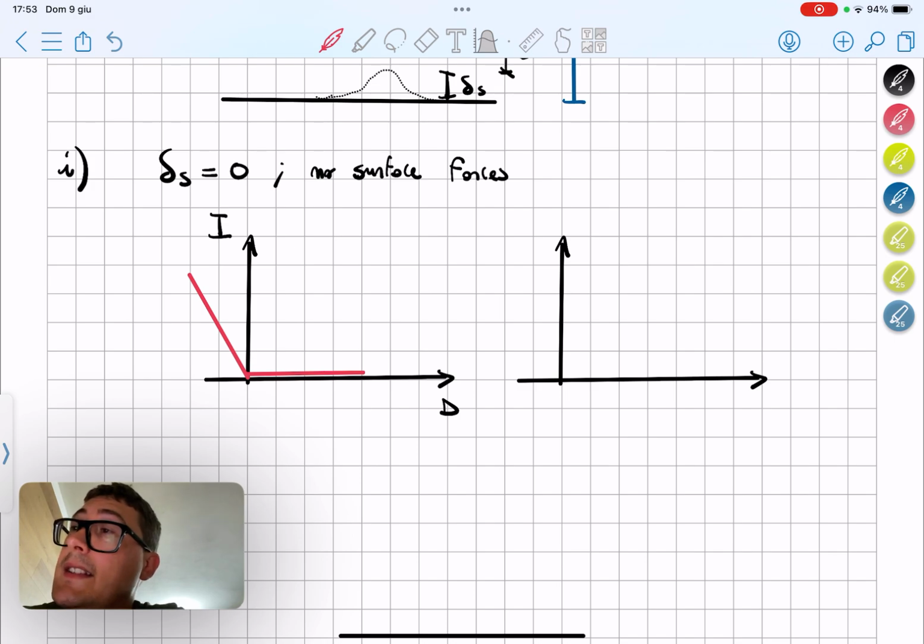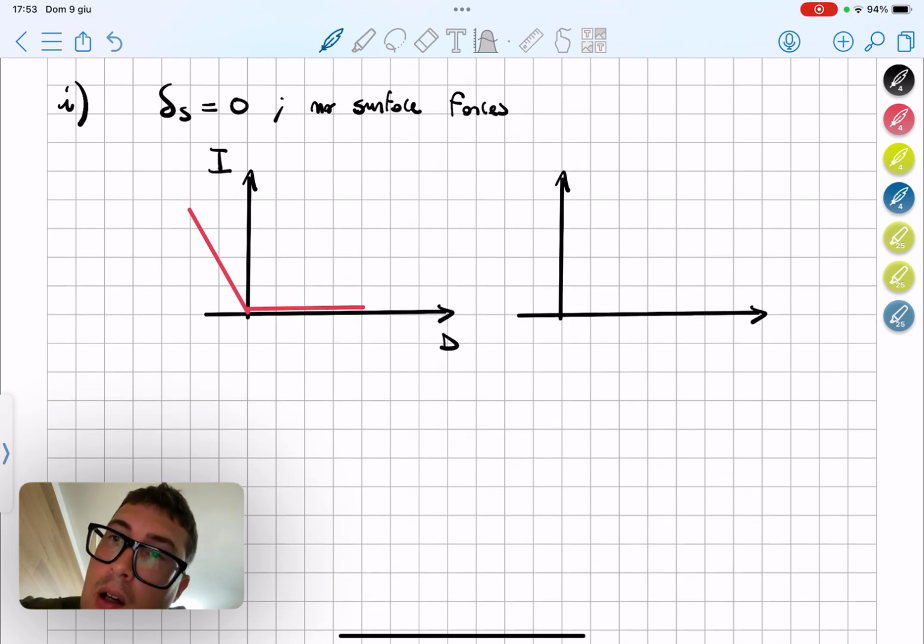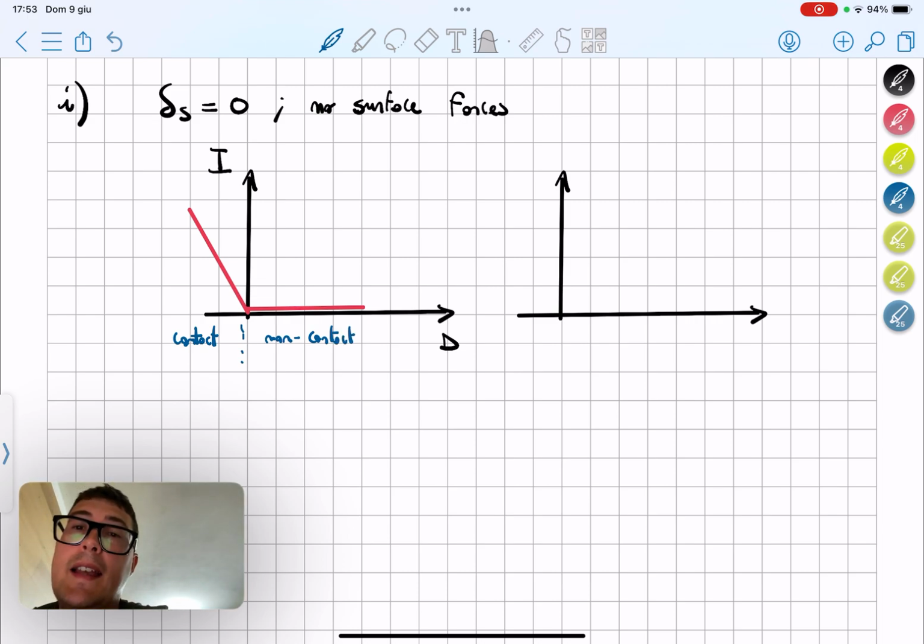So this is the separation point of contact to non-contact under these assumptions of delta S equal to 0 and no surface forces. And we can see a similar example in the force distance curve, where all of a sudden we have a change of the forces in this way as we reach a certain distance.